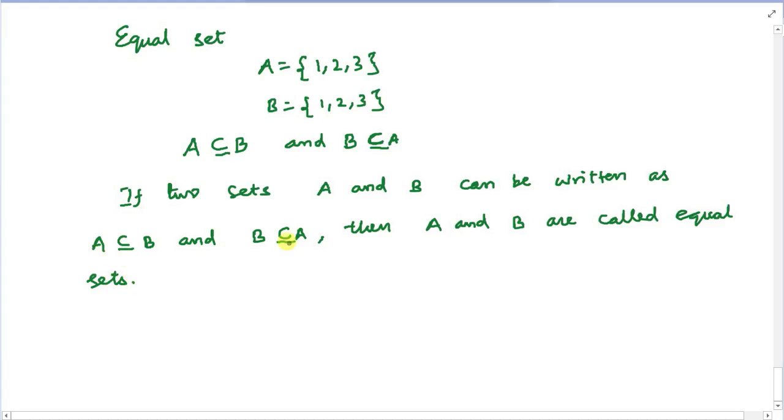So this is the condition for equal sets. Every element of A is in B and every element of set B is in set A. You can also define like this: every element of set A is in set B and every element of set B is in set A, then the sets A and B are called equal sets. This is also another definition for equal sets.